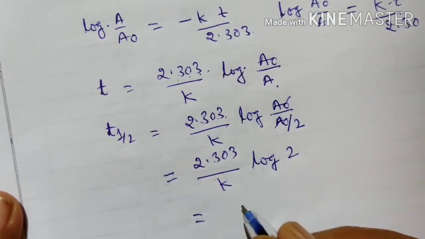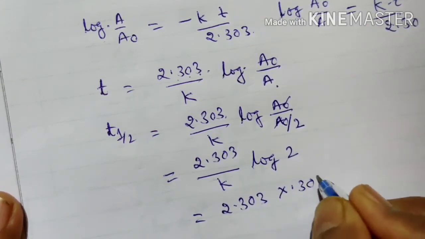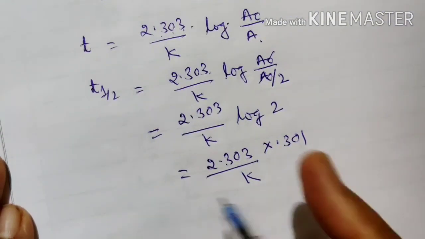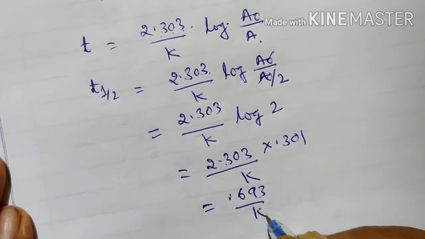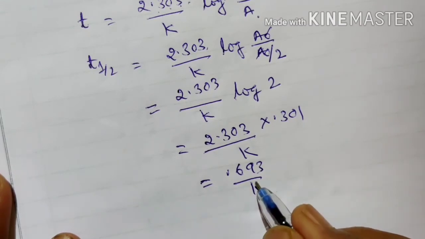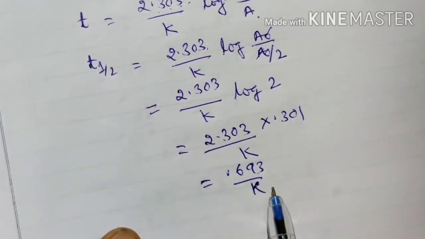So then it is equal to 2.303 log 2, which is 0.301, upon k. When you multiply it, then you will get 0.693 upon k. So for the first order reaction, t half is equal to 0.693 upon k.